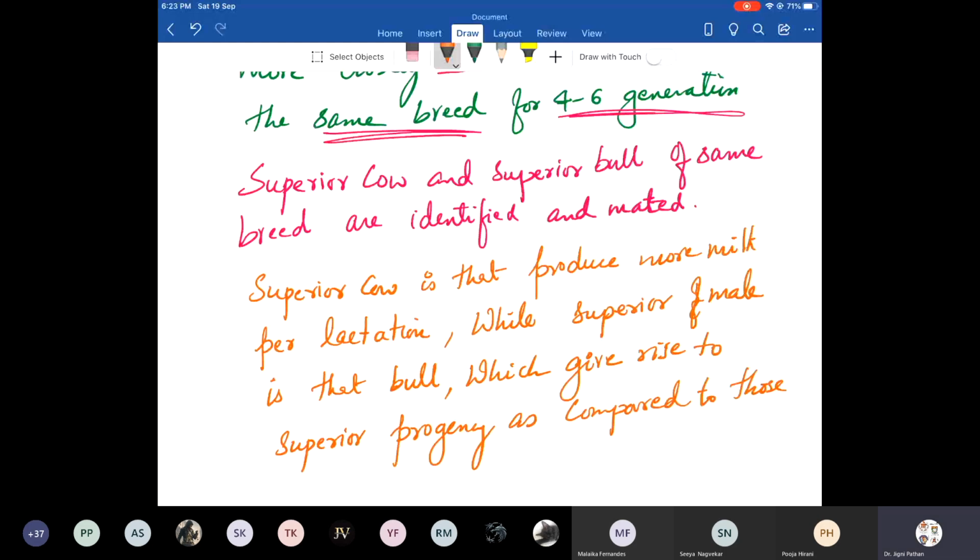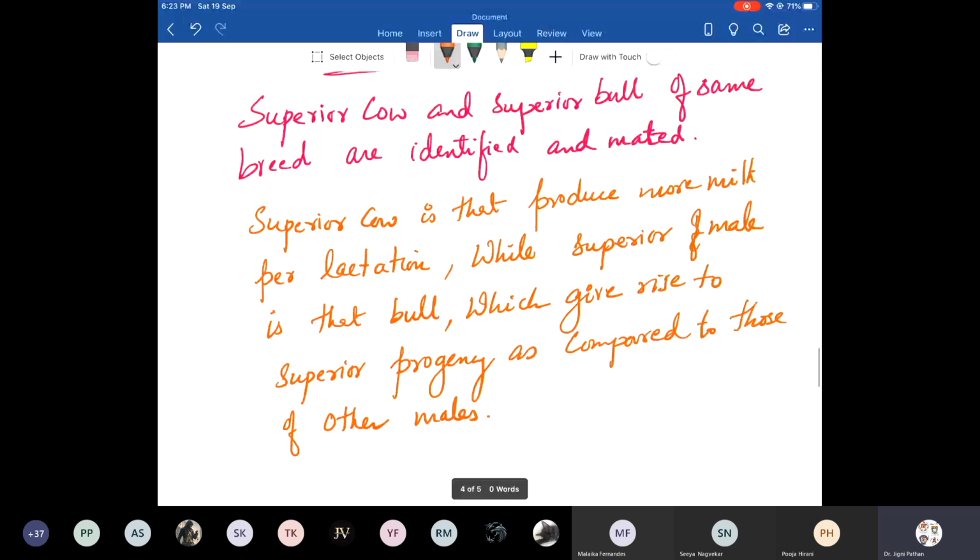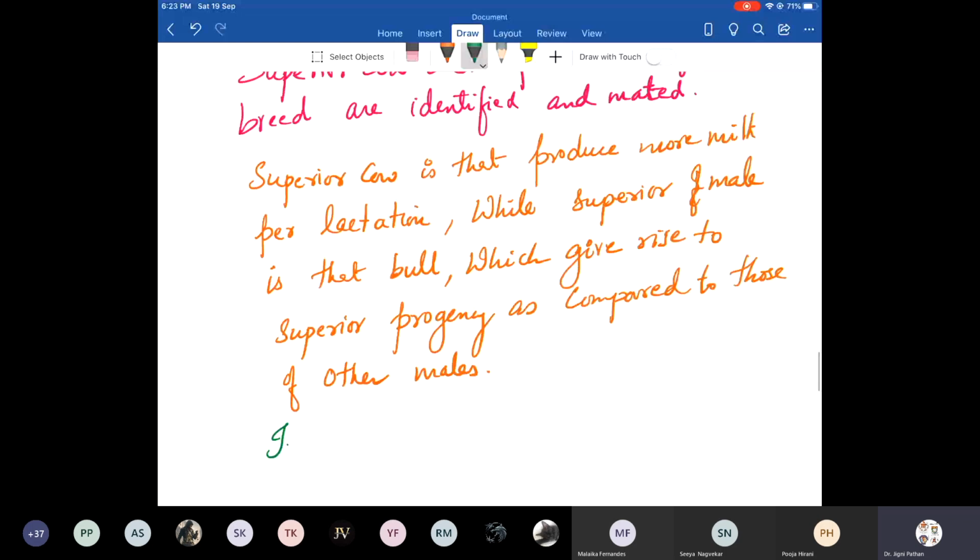Very important here, the sentence I'm writing now. I'll write it down and then I'll give you time to write. Inbreeding increases homozygosity and decreases genetic variation.